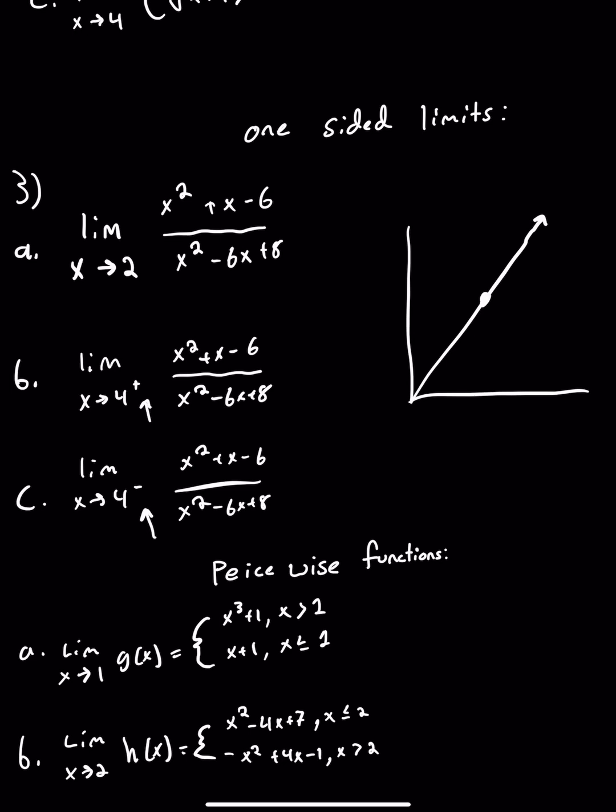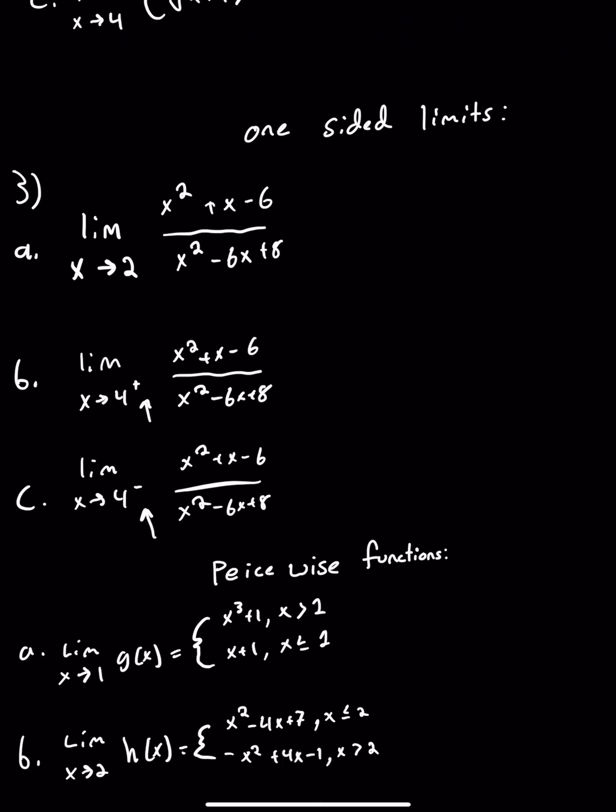Approaching from the right side means as if you were coming from the right, and minus means as if you were coming from the left. And the reason you need this sometimes is on piecewise functions, for example, where it goes to here and then jumps to here. From the right side, the limit would be right here, and from the left side, the limit would be right there.